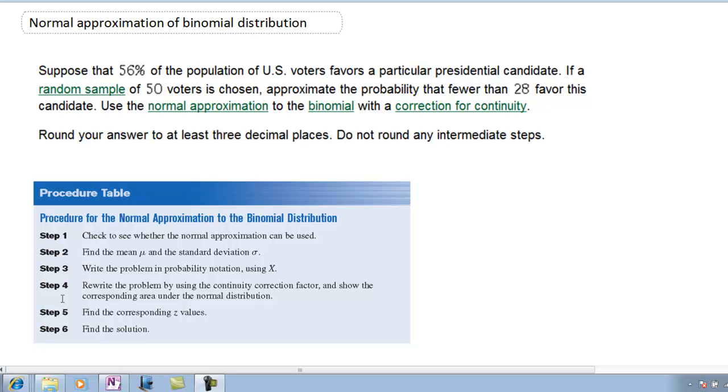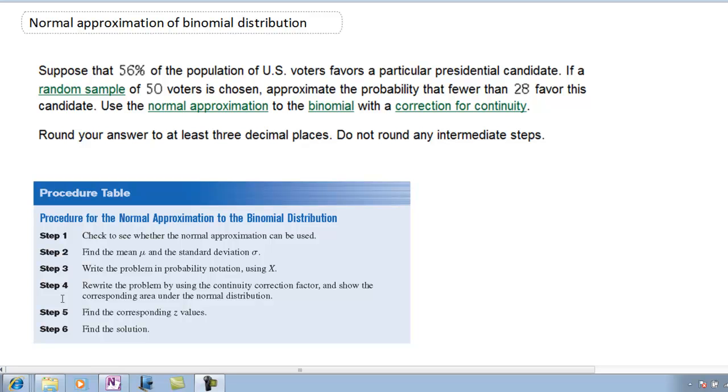For a coin flip, that means you can't use a normal approximation unless you're flipping at least 10 coins. With a 50-50 shot, 10 flips gives n times p equals 5 exactly, and n times q equals 5 exactly.